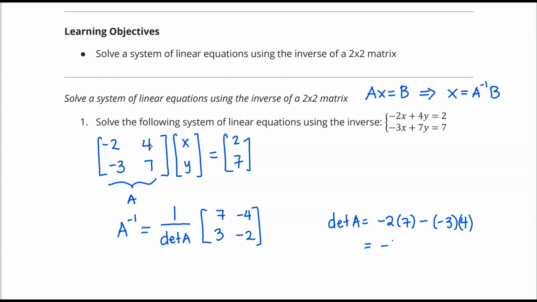-2 times 7 is -14. -3 times 4 is -12. So you have negative of -12. So you have -14 minus -12. That gives us -2.